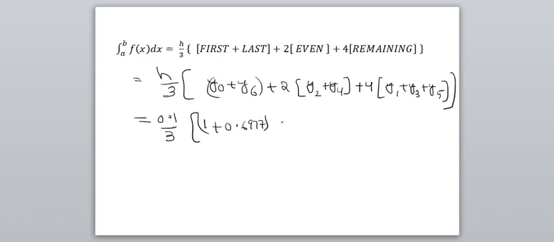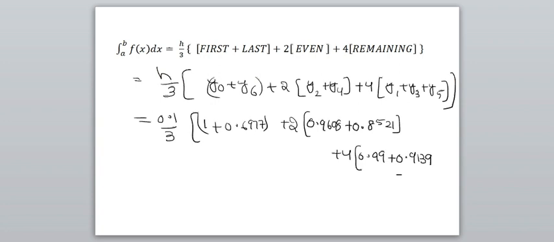In the same way, substitute the remaining values also. y2 plus y4 is 0.9608 plus 0.8521, plus 4 times y1, y3, y5: 0.99 plus 0.9139 plus 0.7788.